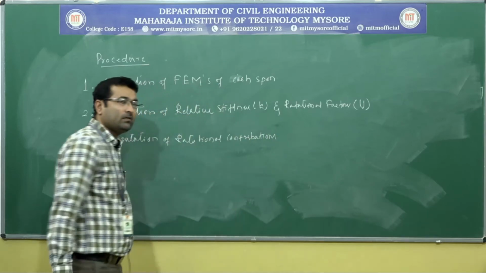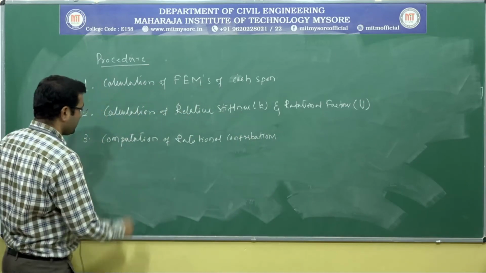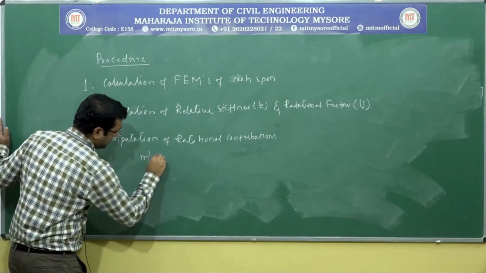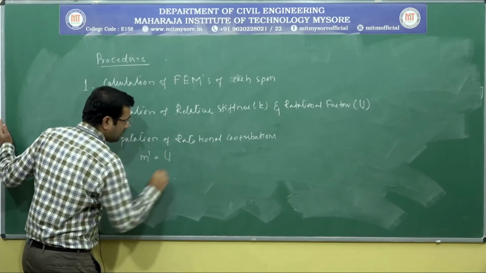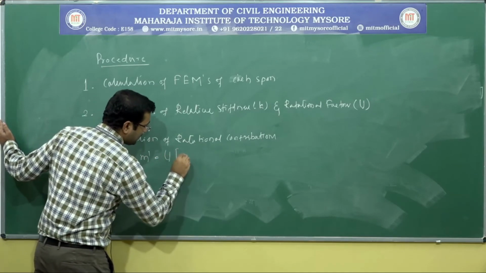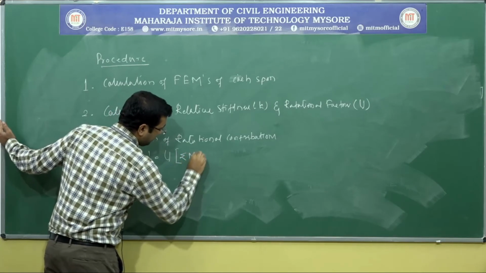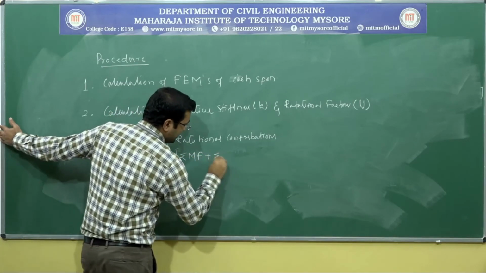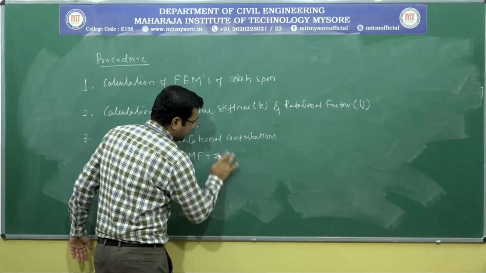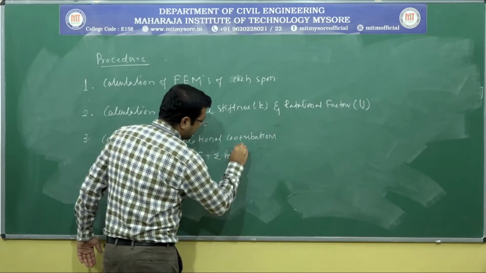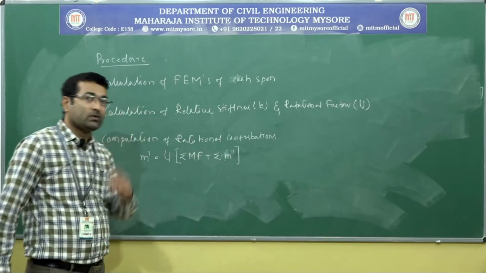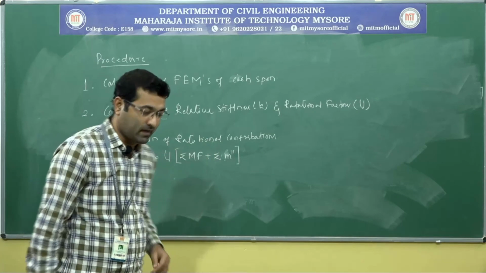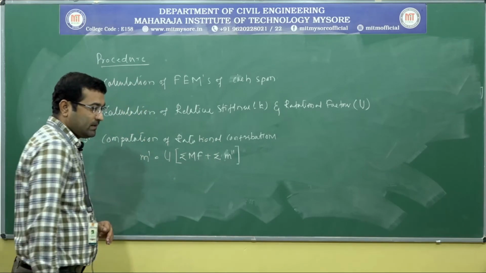Rotational contributions are nothing but moments due to the rotation. Rotational contributions using the formula M dash is equal to U into summation of fixed end moments plus summation of M double dash. M double dash is nothing but moments due to rotation at the far ends, right.